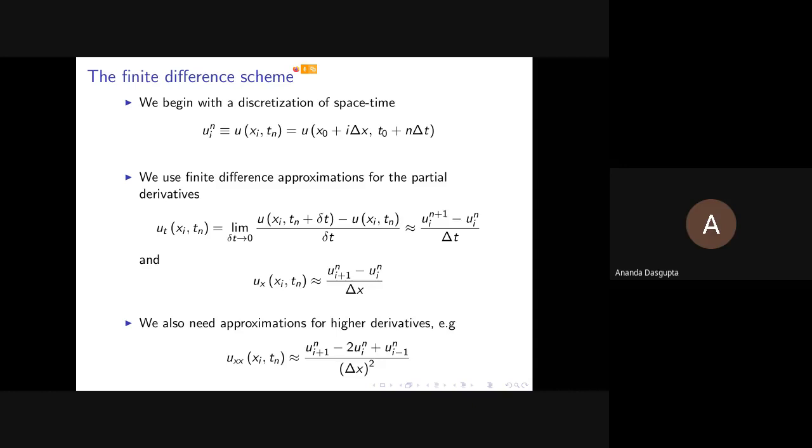I hope everybody remembers. This is just a simple application of the Taylor series to get this as an approximate value for the second derivative. Of course, depending on your differential equation, you may need to go for higher and higher derivatives. So you may need to go in for more and more complicated terms like these.